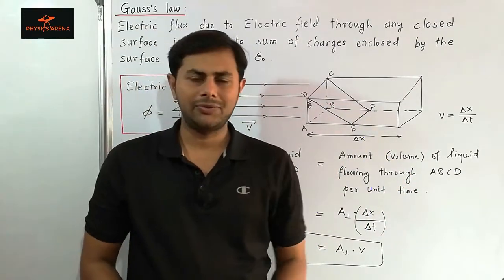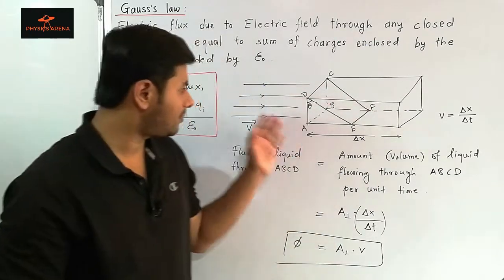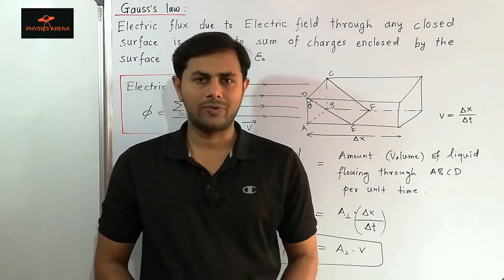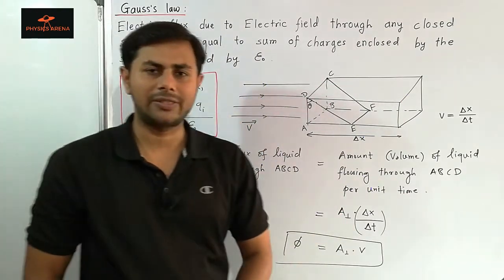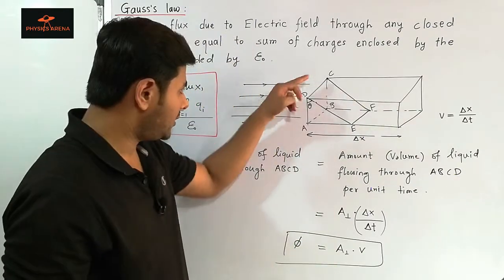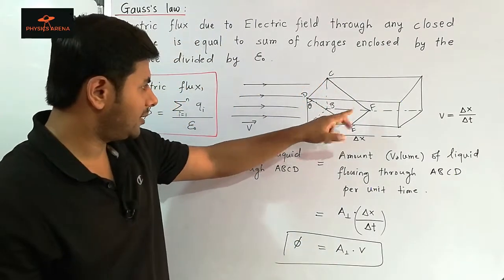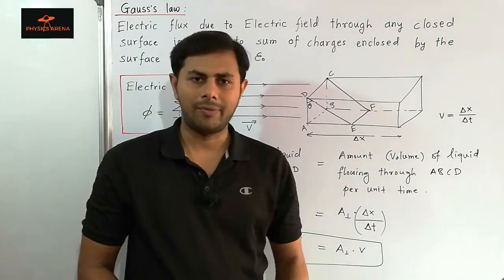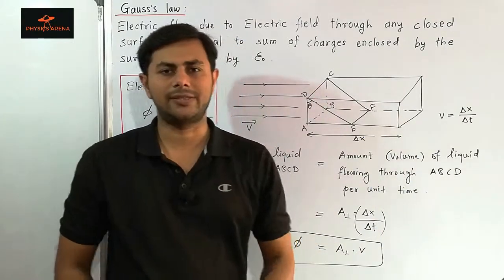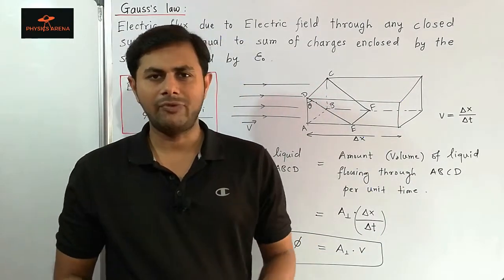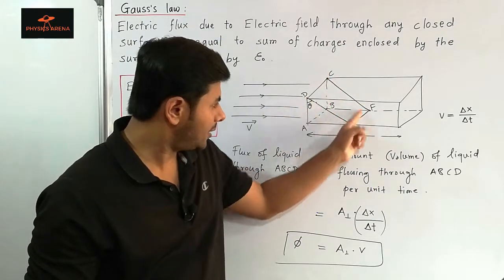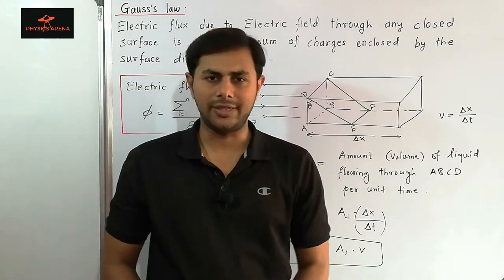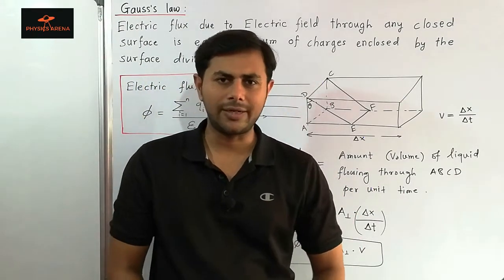Intuitively we can think that the flux through this surface and that surface should be equal, though the areas of the surfaces are different. See, this CDEF has larger area compared to ABCD, but still the amount of fluid flowing through these two surfaces is the same. So can we relate the area of CDEF to the flux through CDEF? Let's try to do that.